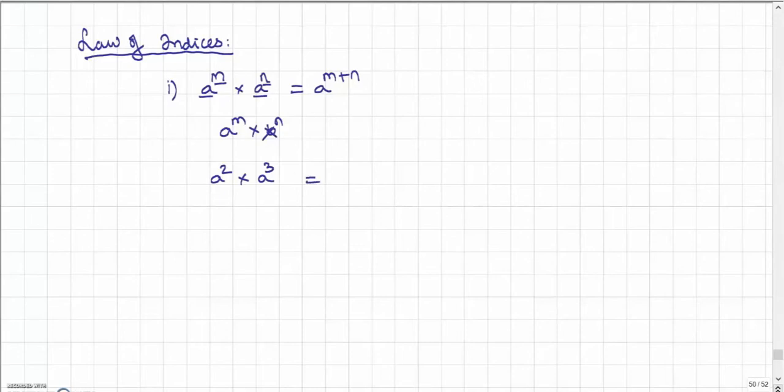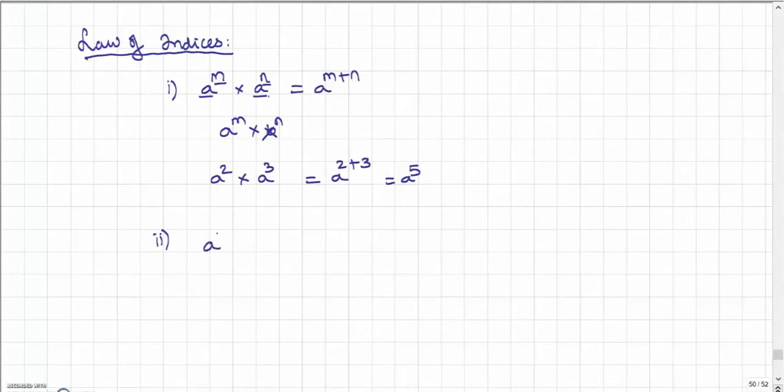You can simply write this as a to the power 2 plus 3, that is a to the power 5. Okay, so this is the rule we follow when you have product. So when you have product with a uniform base and something in the powers, you can simply add them.